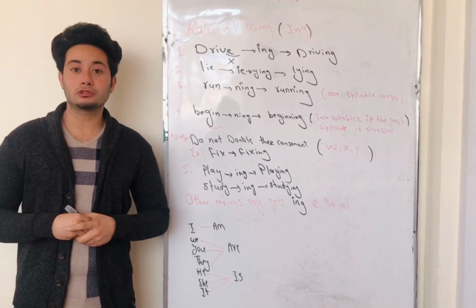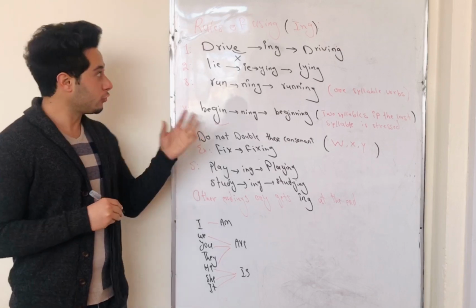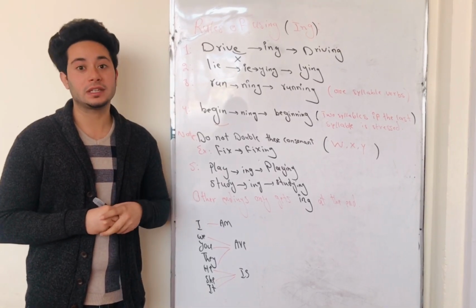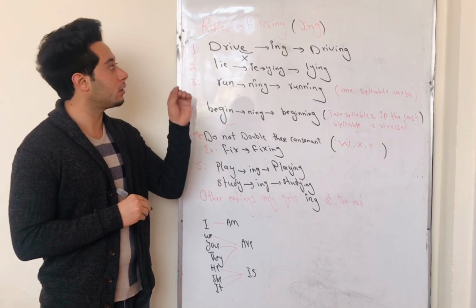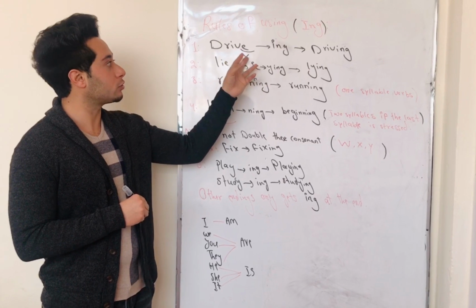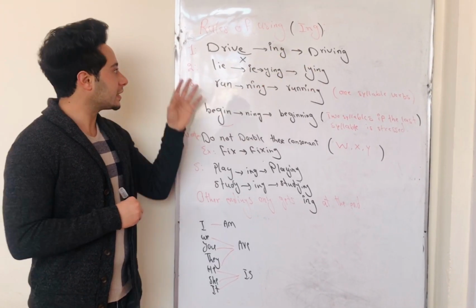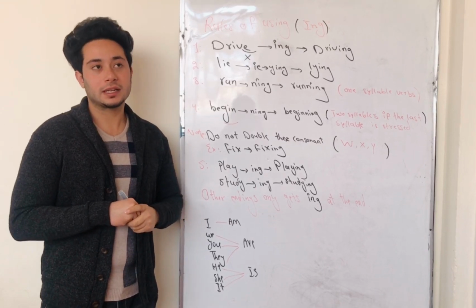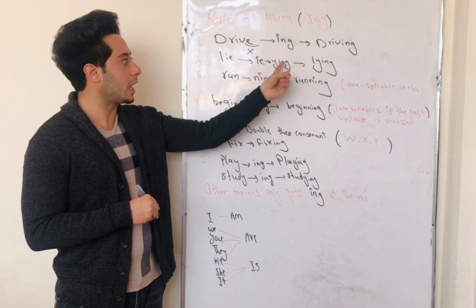And now we're going to talk about the rules of using ing in present progressive tense. The first rule is when a verb ends with e, we need to drop or omit the e, and we add an ing at the end of our verb. For example, drive: we drop the e and only add an ing at the end of the verb, driving. The next one is for verbs ending with ie: you need to change ie to y and add an ing, like lying.